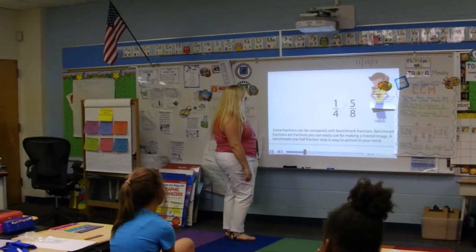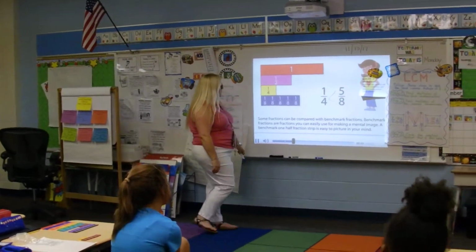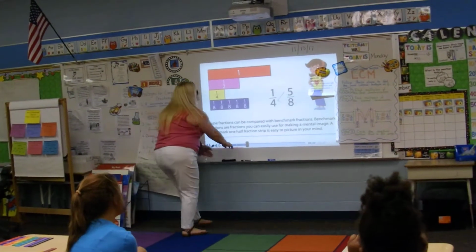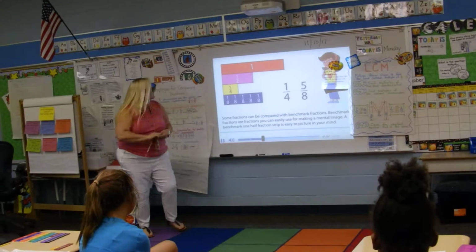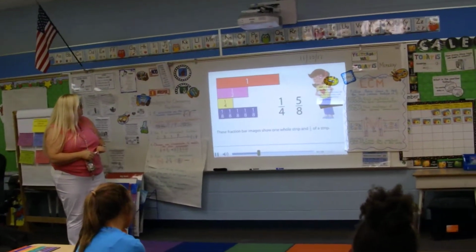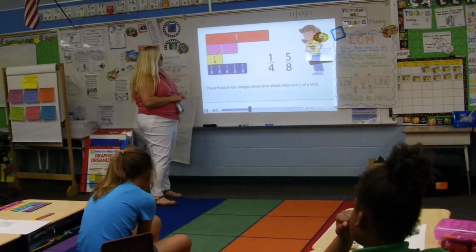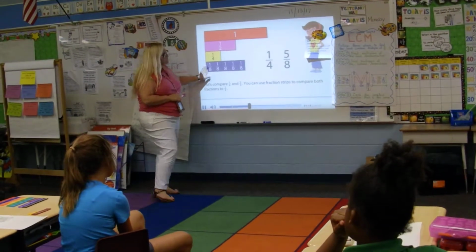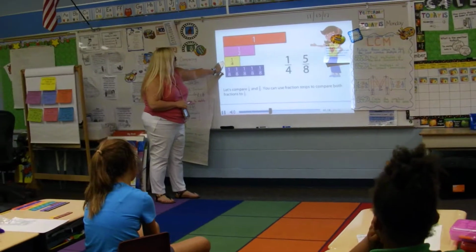Some fractions can be compared with benchmark fractions. This is what we were talking about Benchmark before, fractions right? are fractions you can easily use for making a mental image. A benchmark 1/2 fraction strip is easy to picture in your mind. These fraction bar images show one whole strip and 1/2 of a strip. Let's compare 1/4 and 5/8. And visually you can see use it. fraction strips to compare both fractions to 1/2.